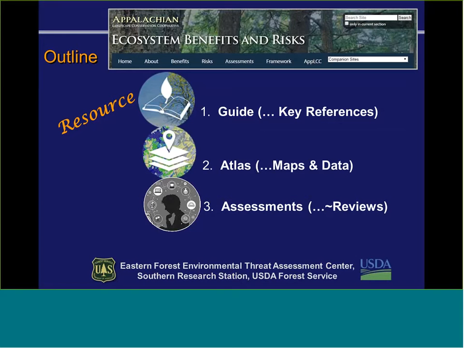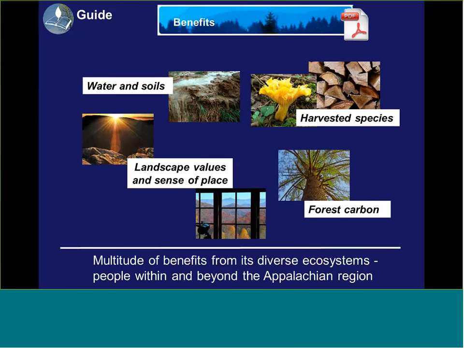First, I'm going to show you what the guide looks like. I'm going to show you screenshots from each of the categories. Within the benefits, you can see that there are several groups of data. So there's water and soils, landscape values and census place, harvested species, and forest carbon.